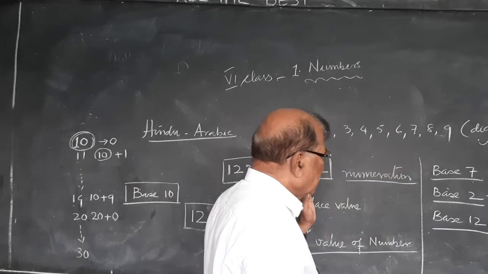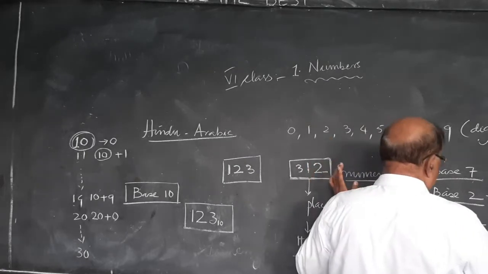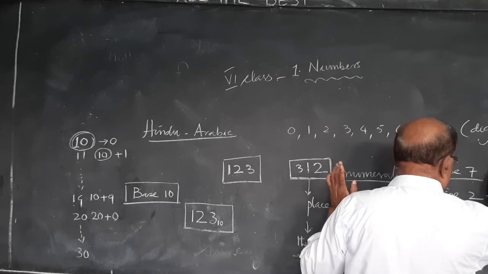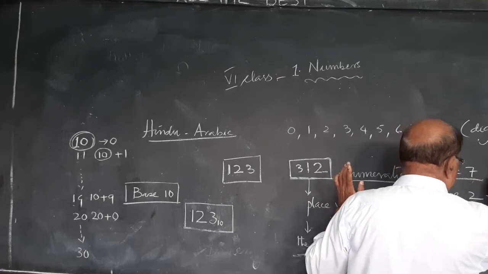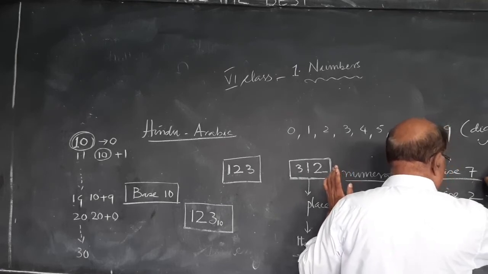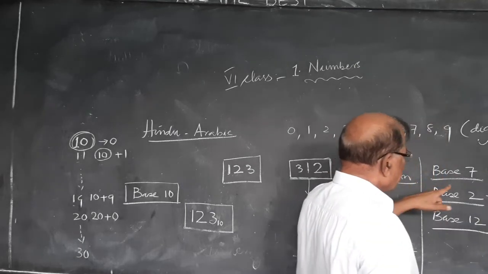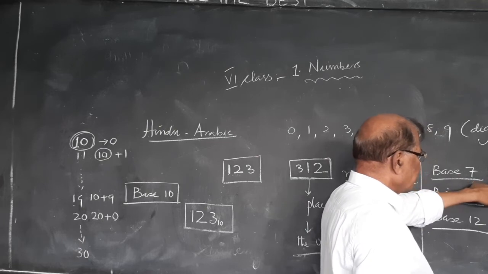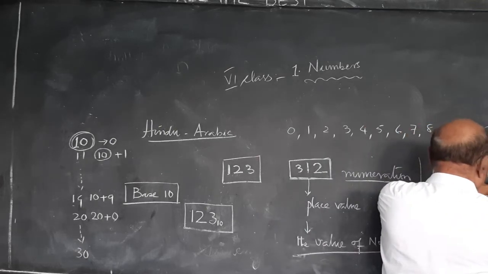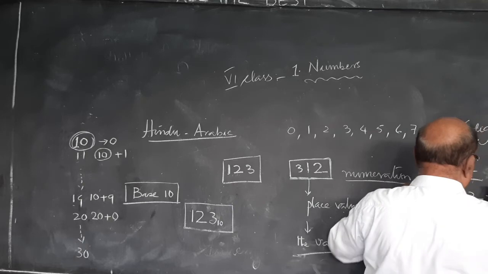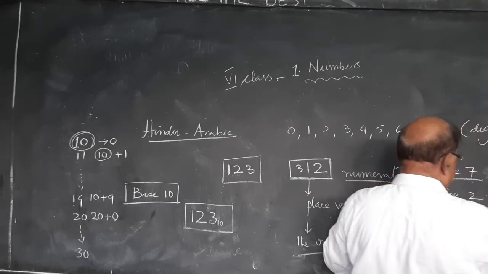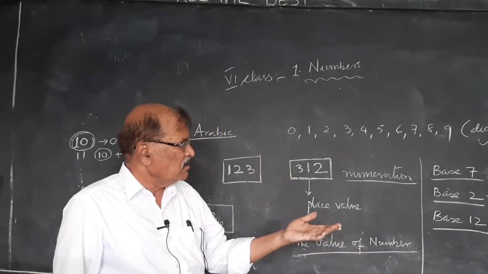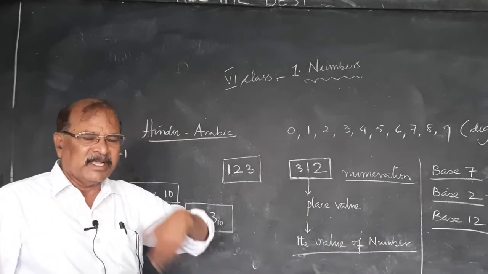Suppose you take, for example, 16 in base 7. This 1 stands for 1 bundle, and 6 days are left. Or else you take Monday, Tuesday, Wednesday, Thursday, Friday, Saturday, Sunday, and again Monday.